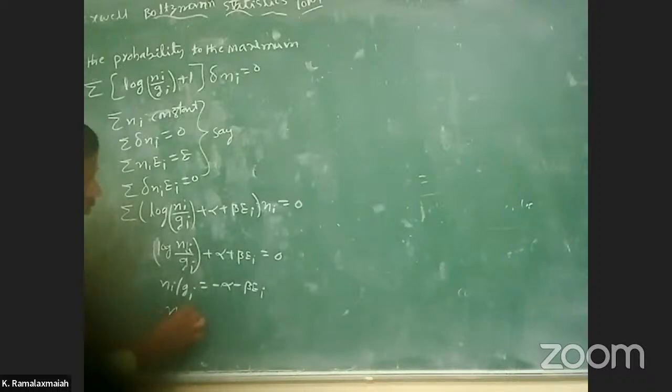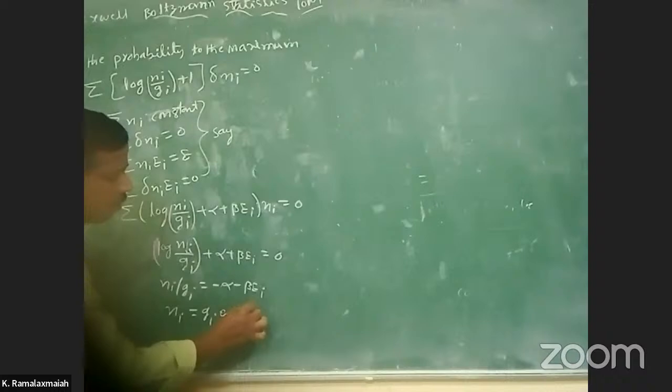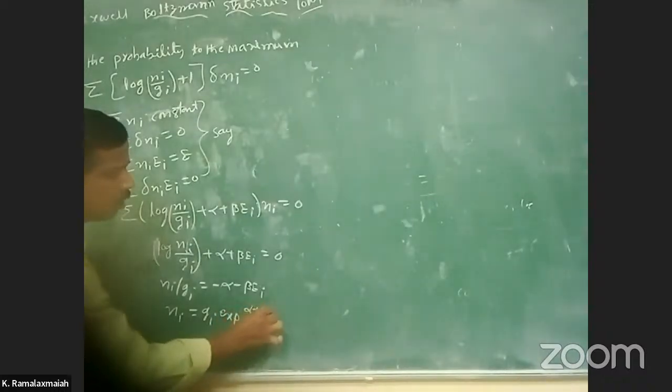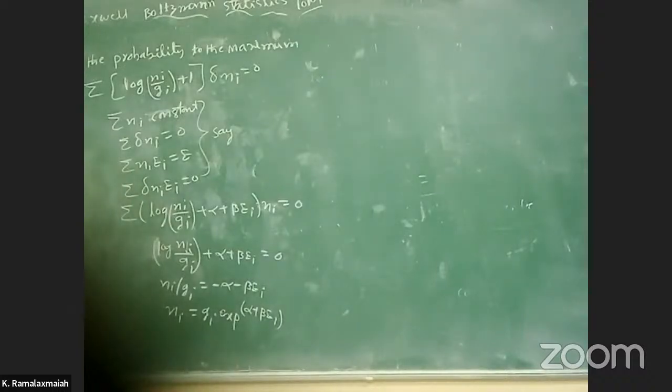Ni is equal to gi exponential of minus alpha minus beta ei.